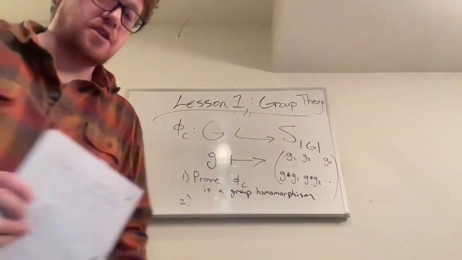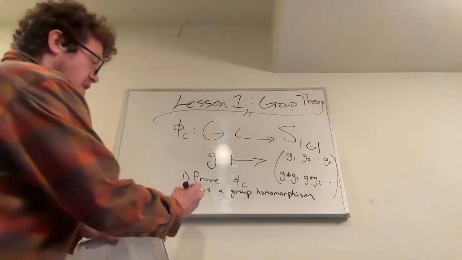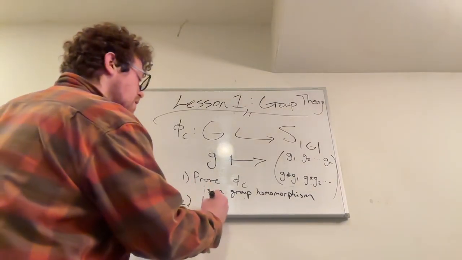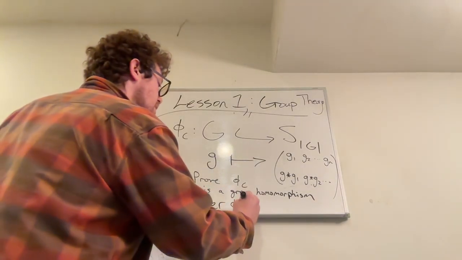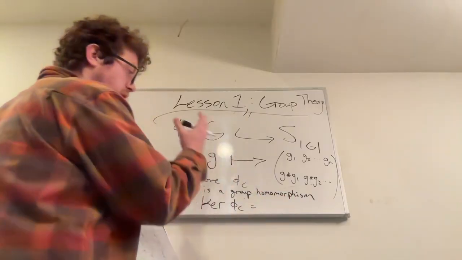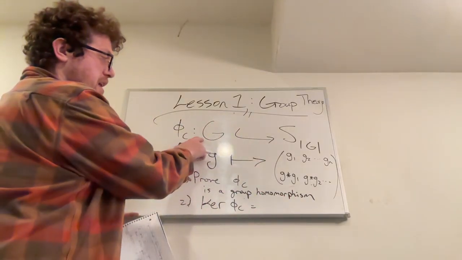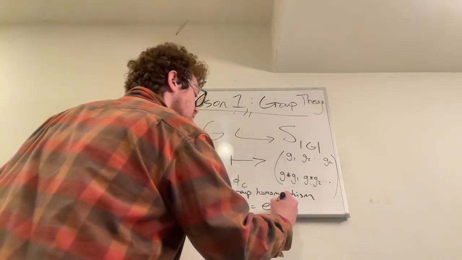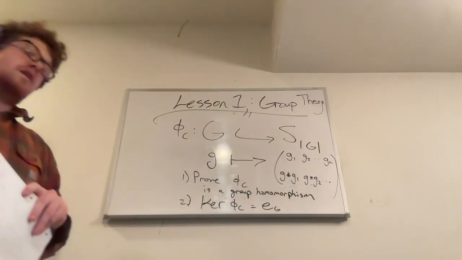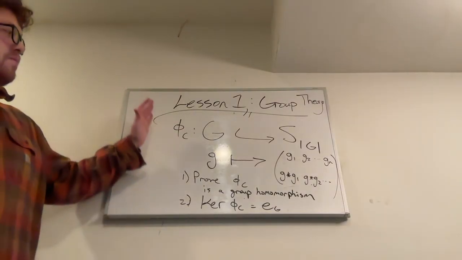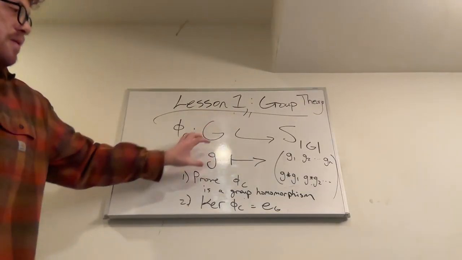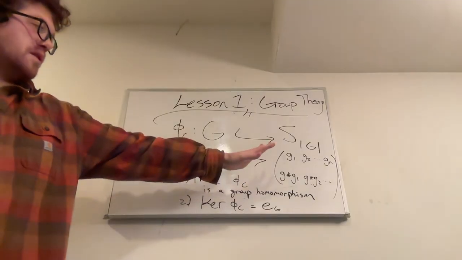So really you have to show that the kernel of the map, the only thing that gets sent to 0, is the identity in G. Right, so for Cayley's theorem, you define this map the way I've defined it here, show it's well defined.